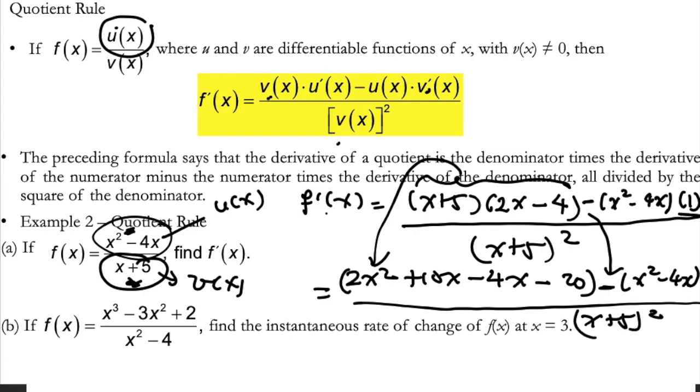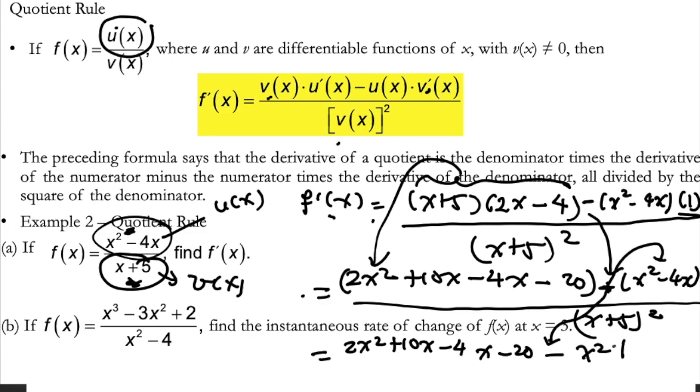You see the step that I do first, second, equal sign, and then the next step, simplify it even further. 2x squared plus 10x minus 4x minus 20. Then write minus here. Can you see I'm opening the bracket? When the minus meets x squared, it becomes minus x squared. Minus meets minus becomes plus 4x.